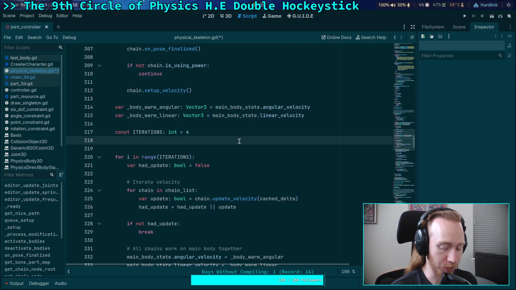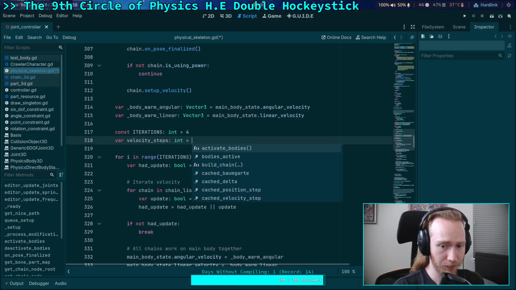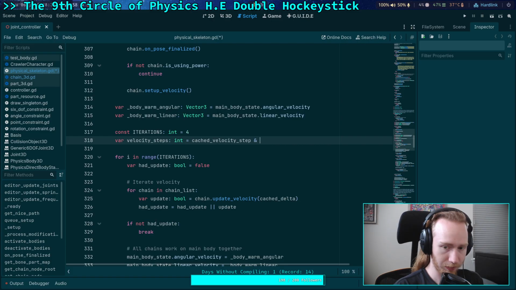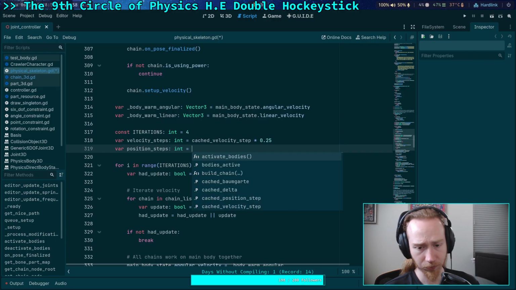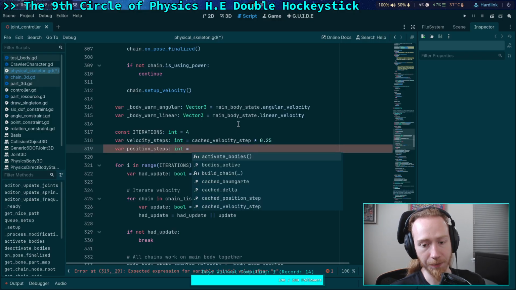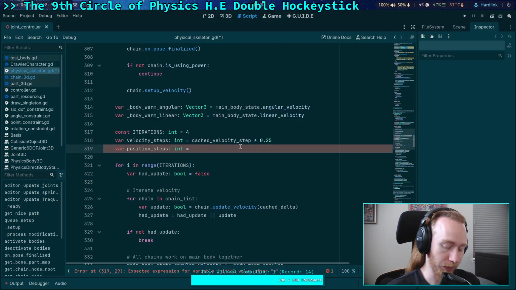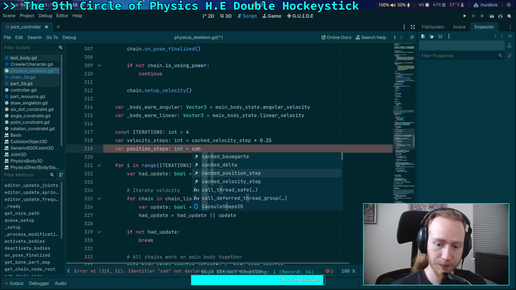For velocity steps, it doesn't really matter. It's going to be the same every time. Just do a quarter. This has some, well, I'll do the same thing.